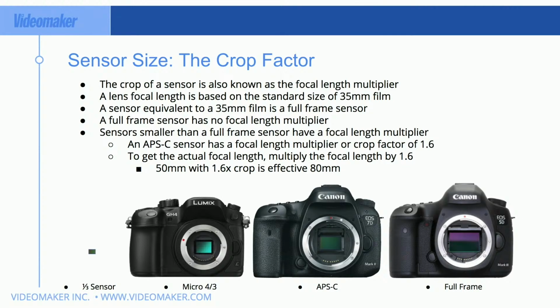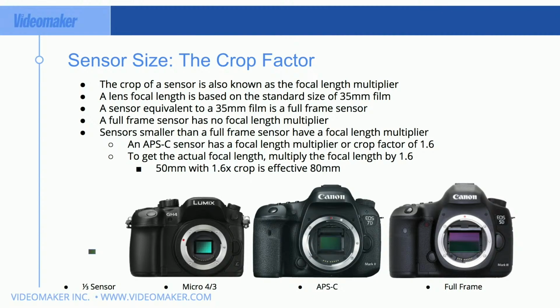However, if the sensor's smaller, there's a thing called the crop factor. A lens focal length is based on the standard size of 35 millimeter film. A full frame sensor is equivalent to 35 millimeter film and has no focal length multiplier. A sensor smaller than full frame will have a focal length multiplier, also known as the crop factor.